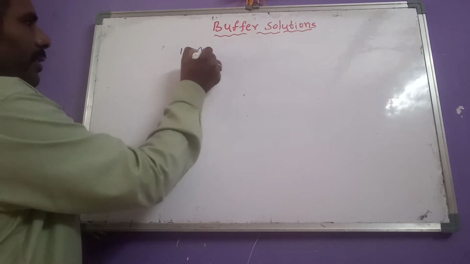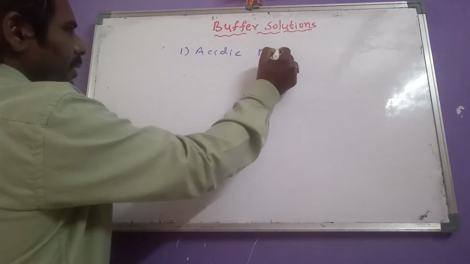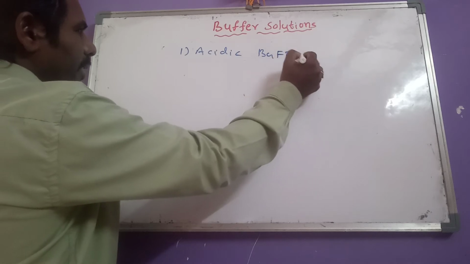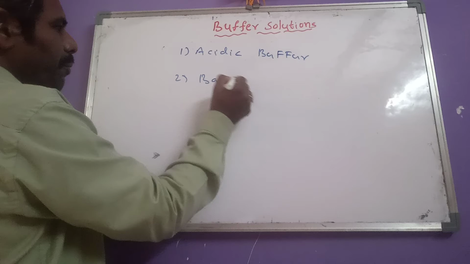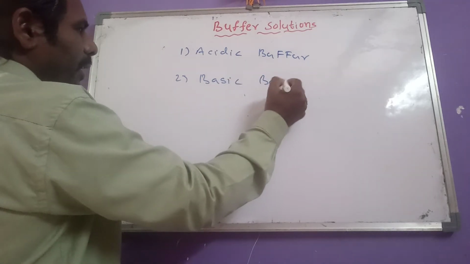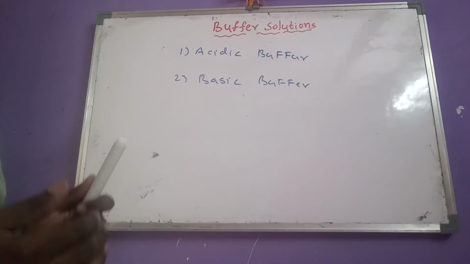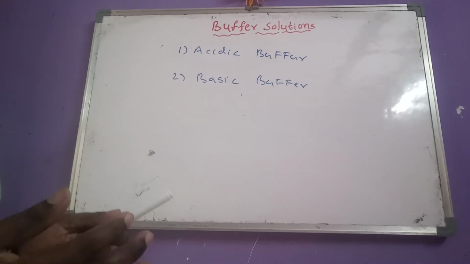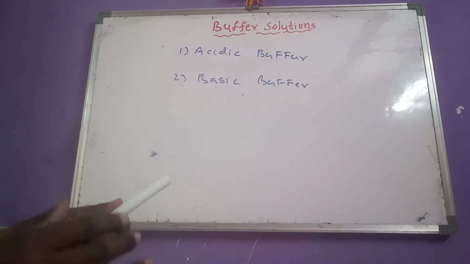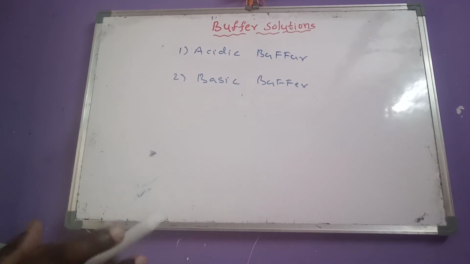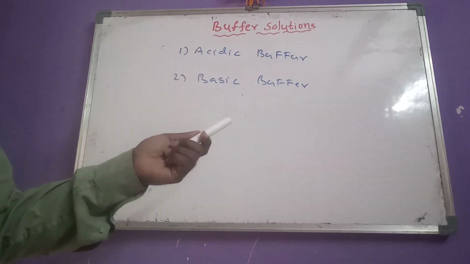First one is acidic buffer solutions. Second one is basic buffer. One important thing here, acidic buffer does not indicate that it has acidic nature or pH less than 7. Acidic buffer may have pH more than 7 also.